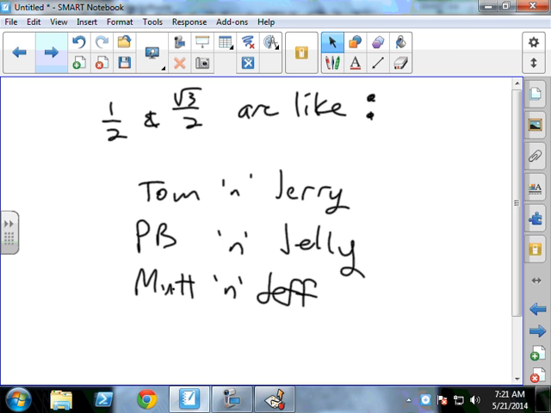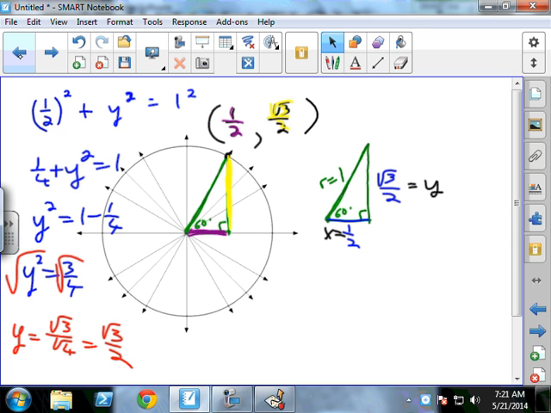In other words, they're constantly together, side by side, in holy matrimony, as long as they both shall live, till death do them part. You will always see them paired up. Always. You could probably think of some people in the building who are like that as well. Okay? Use your imagination. So anyway, you will always see 1/2 and rad 3/2 paired up like that.